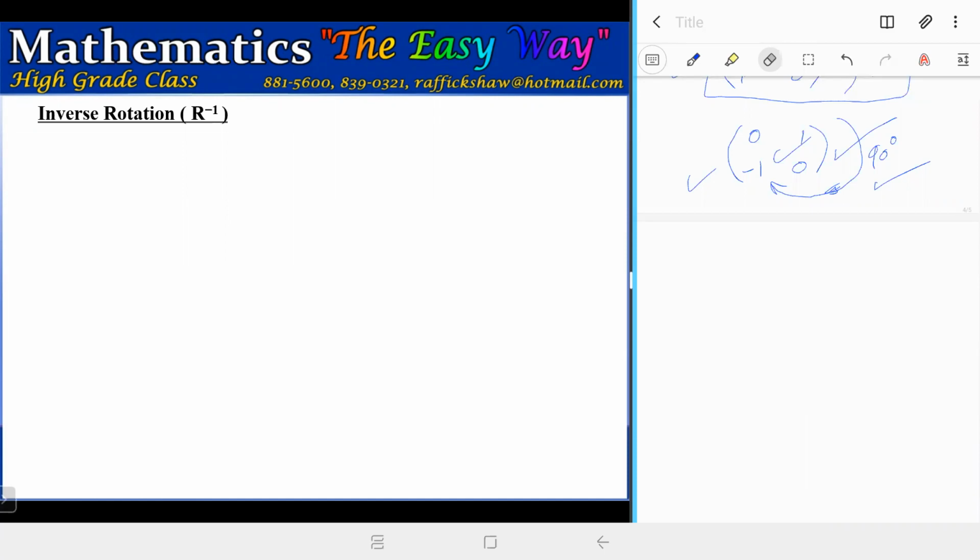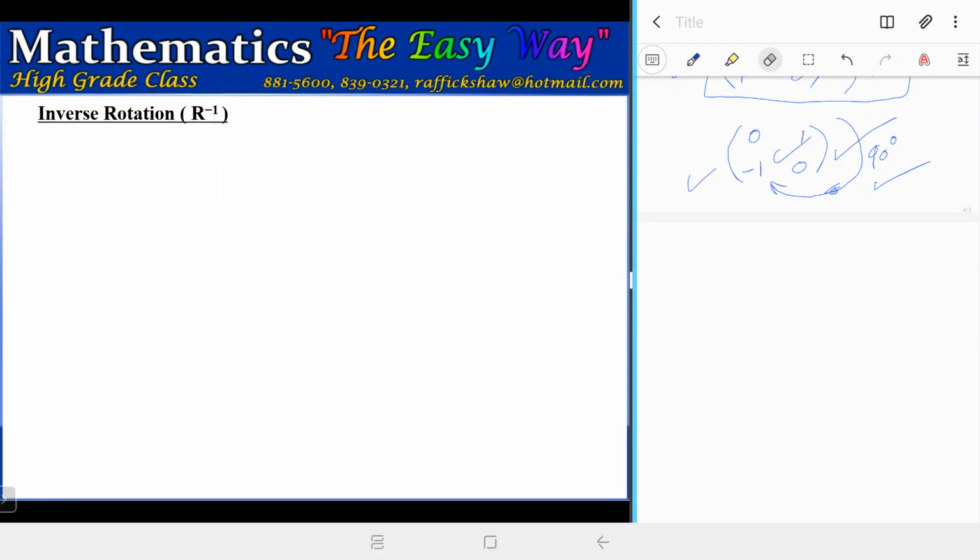So if you rotate 90 degrees clockwise and want to go back to where you're coming from, you rotate 90 degrees anti-clockwise about the same center. So the inverse of a rotation is a rotation in the opposite direction, to the same angle, about the same center.